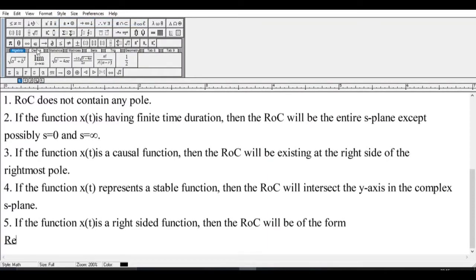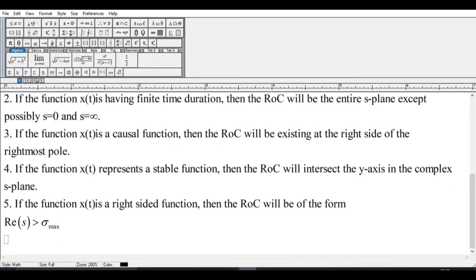So real of s greater than sigma max, where sigma max corresponds to the largest real part of any pole.